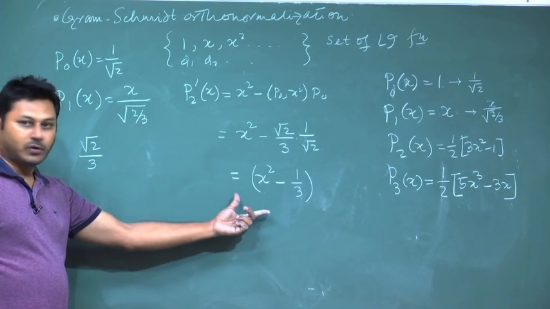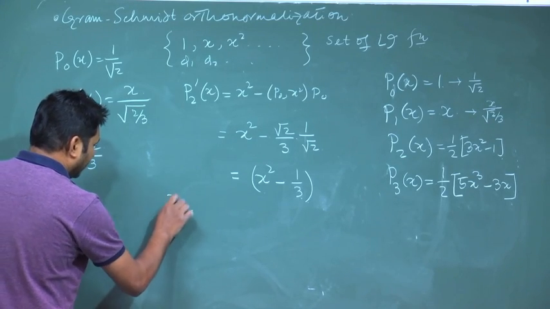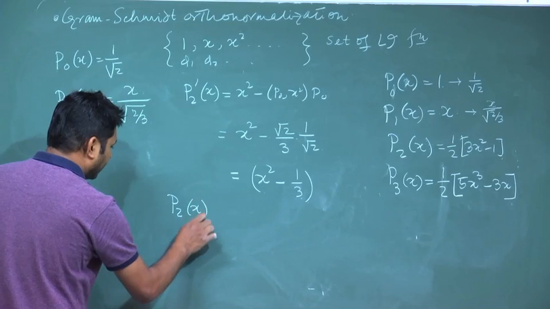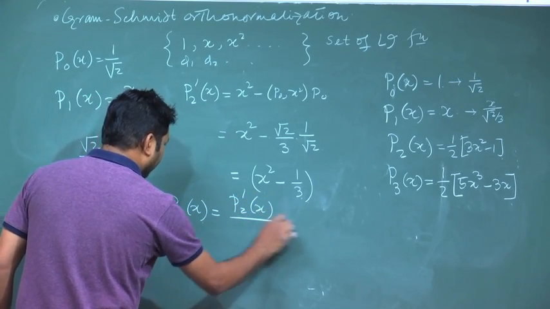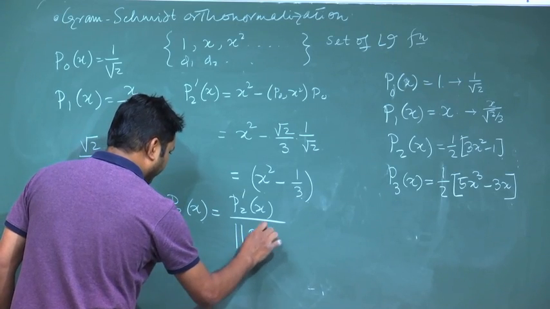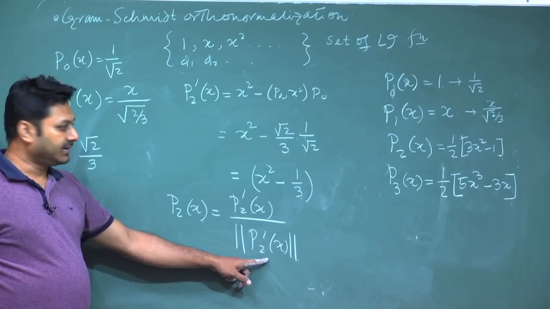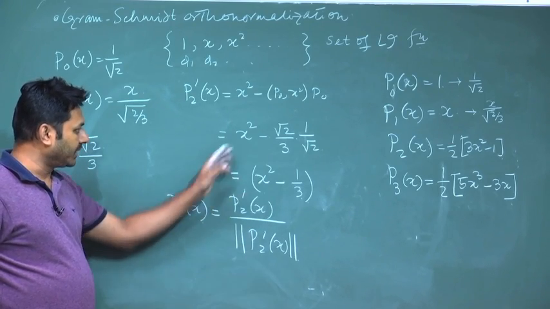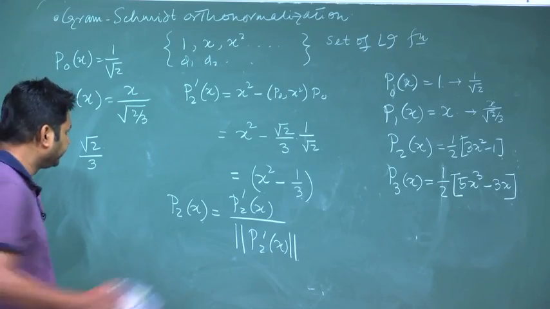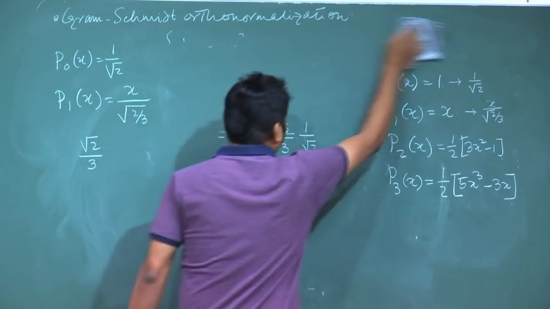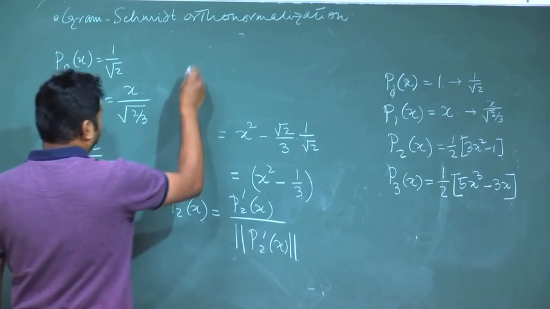Now, I need to normalize this quantity. Then my P2 x will be simply P2 prime x divided by the norm of P2 prime x. So, norm of P2 prime x, P2 prime is given, so I can calculate quite easily. Let me do that quickly. Extensively I am showing how to calculate these things. I believe you can do that.